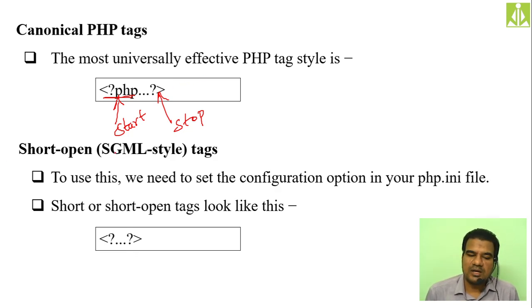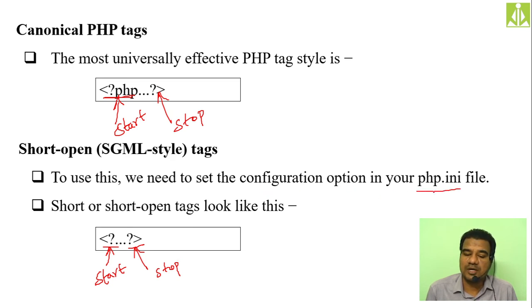Then short open or SGML style of tagging. There, this token is used as the start tag. I know it is a shorthand notation, but in order to practice this one, we need to do some configuration option in your php.ini file. We need to go to this file and do some settings over here. That I don't want, and because of that reason we are not using it.